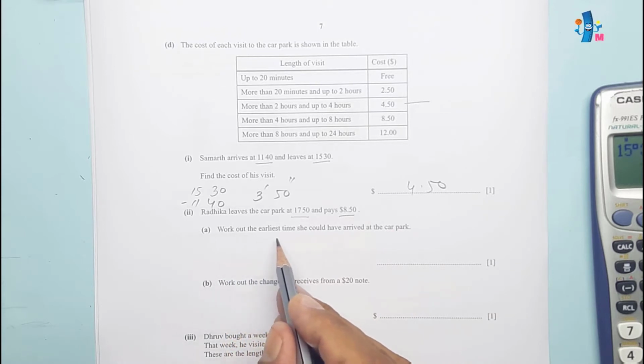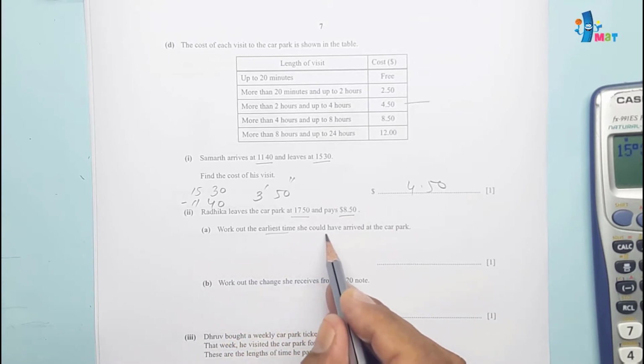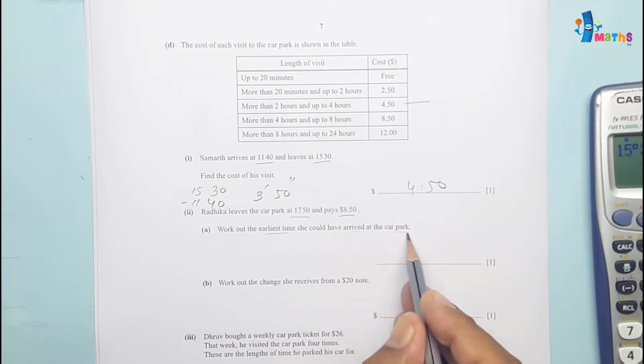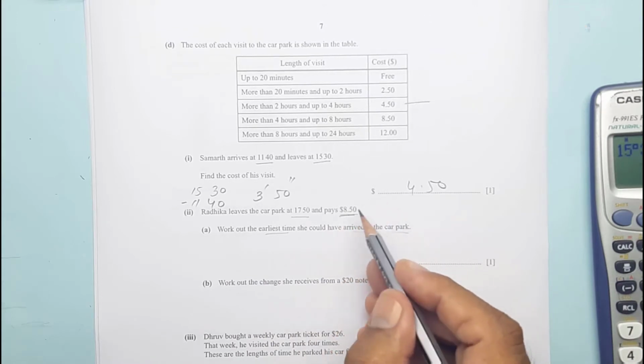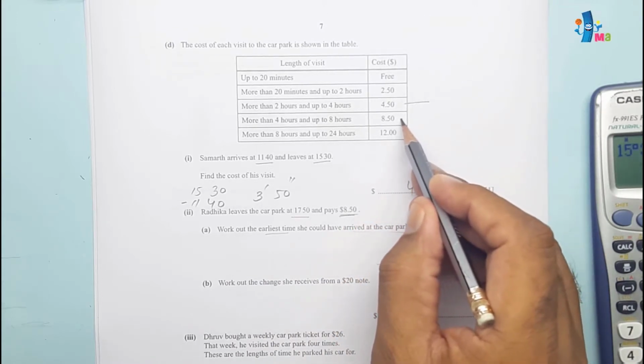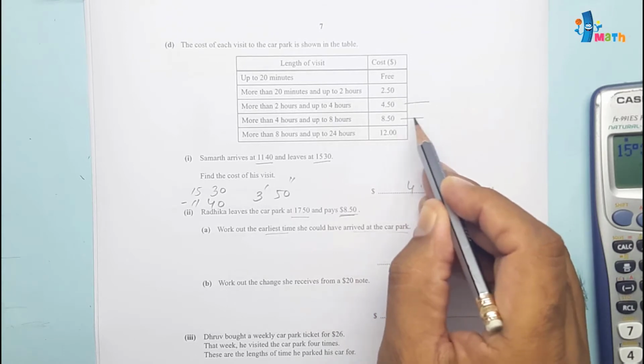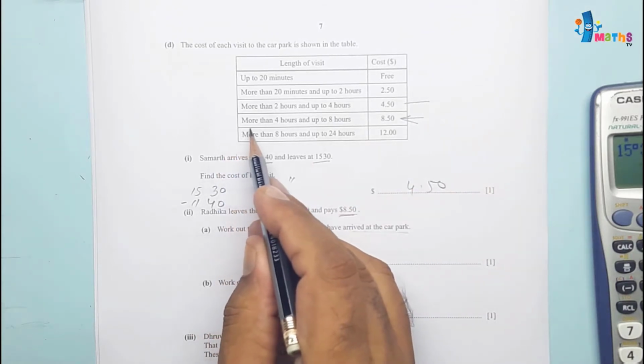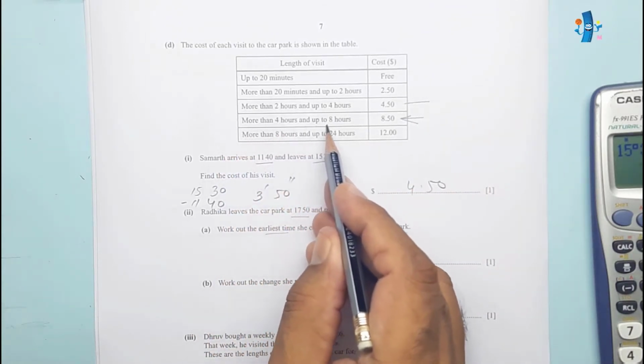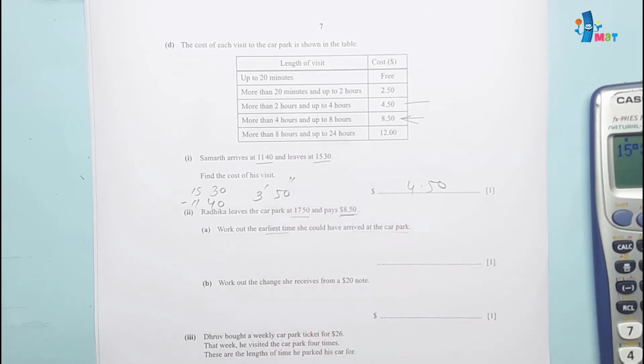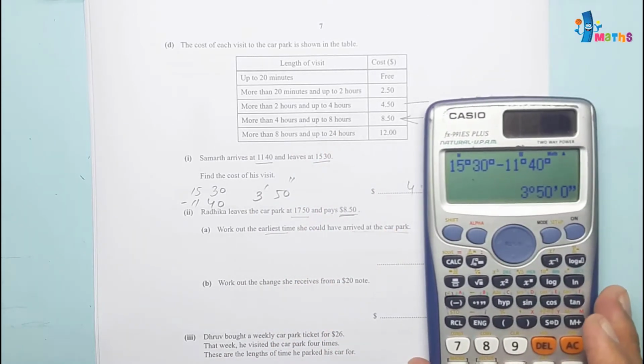Work out the earliest time she could have arrived at the car park. So she has paid 8.50, so she is in the category more than 4 hours and up to 8 hours. So the maximum will be 8 hours.